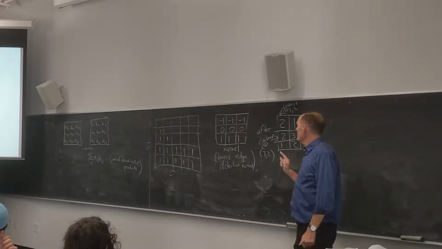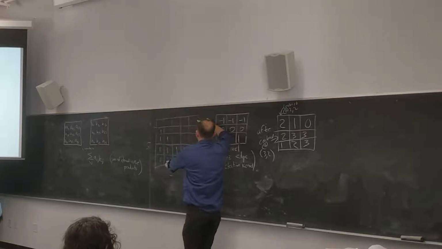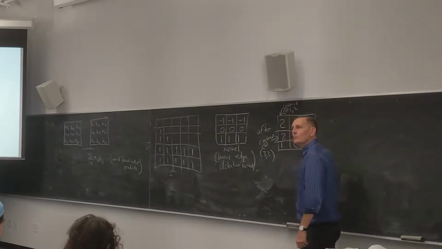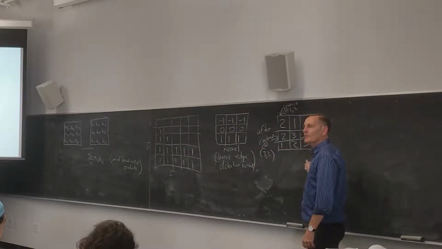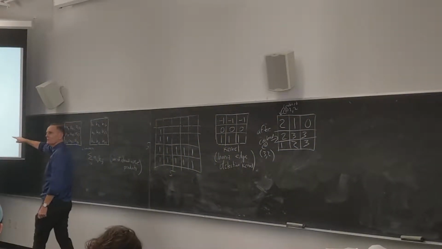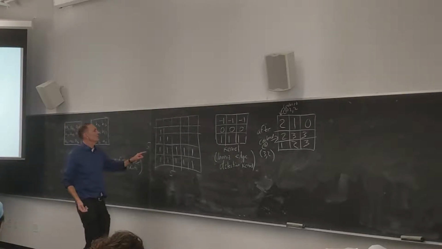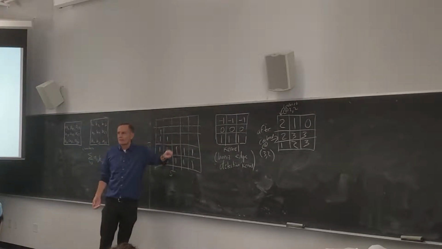Here's a weird thing that happened. We did this convolution, and we started with a 5 by 5, and what did we end up with? 3 by 3. And that picture over there, did it get smaller? I mean, if it was 1 pixel smaller on each side, you couldn't tell, but it didn't. It's the same size. What could we do to make this the same size as that one on the right?